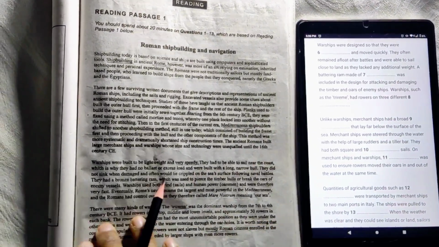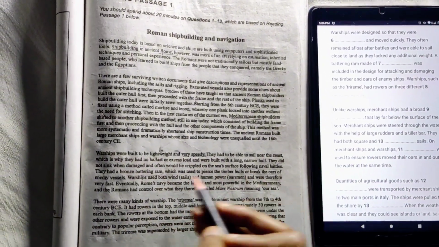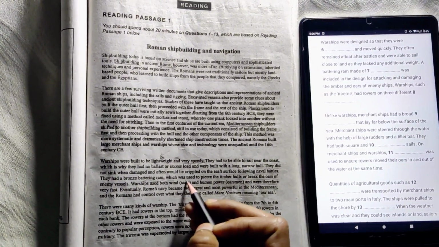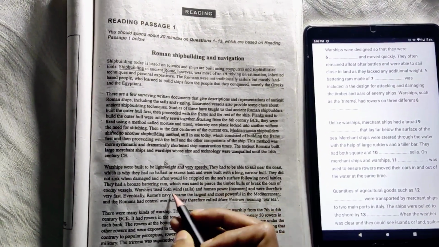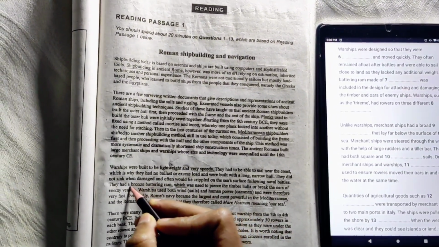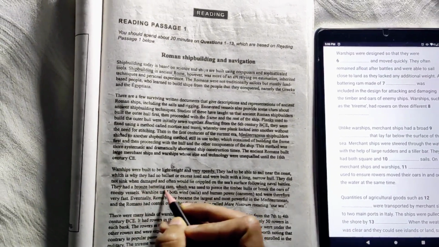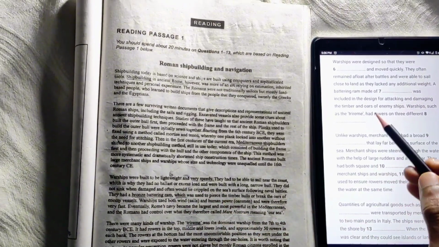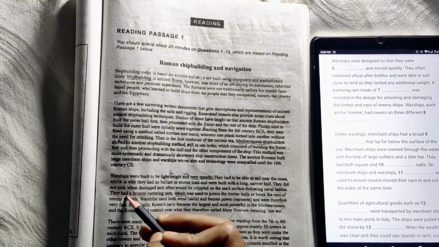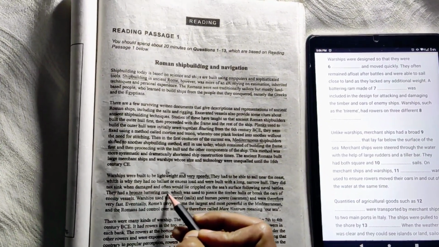We know where our location is, there is the battering ram. "They had a bronze battering ram which was used to pierce." Bronze battering ram, read carefully, like battering ram made of. There is nothing else after battering ram made of.